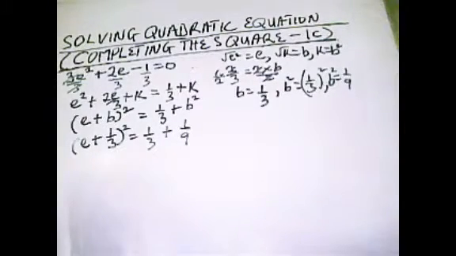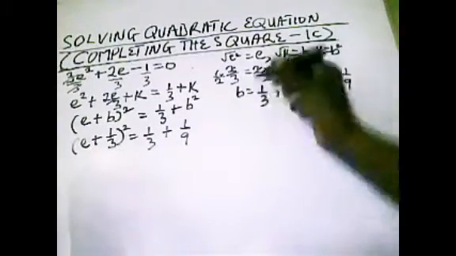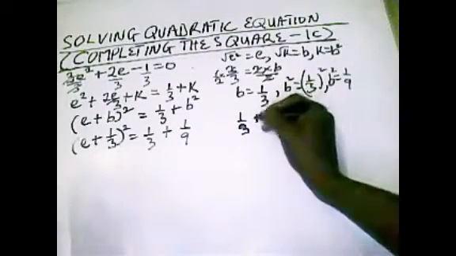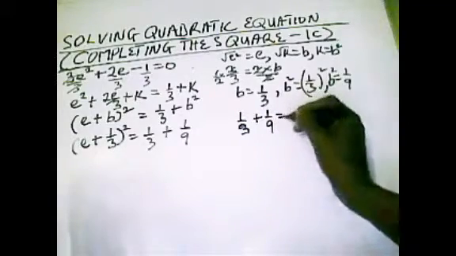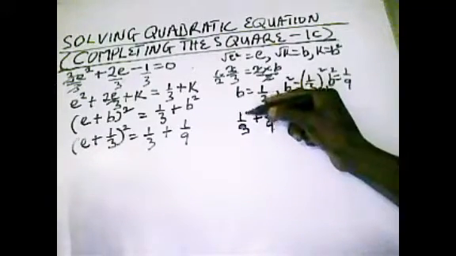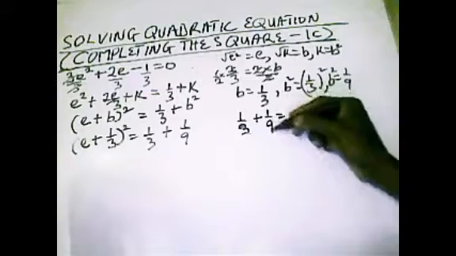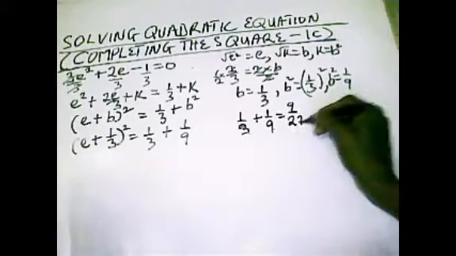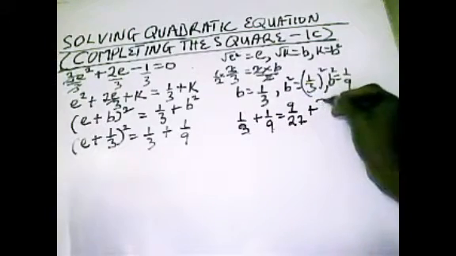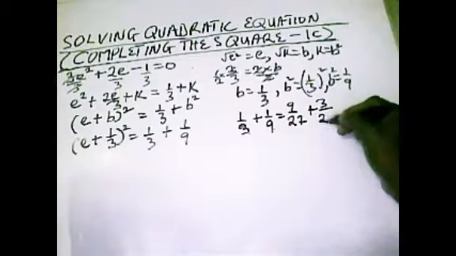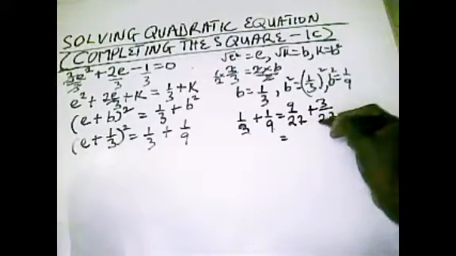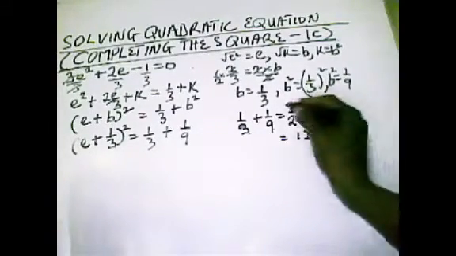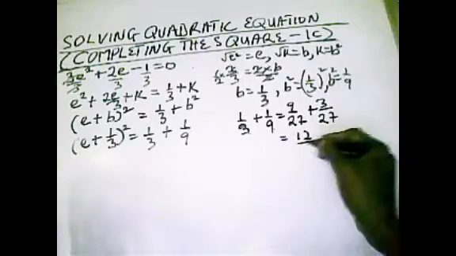Let's quickly resolve what we have here like we did in the second example. Our 1 upon 3 plus 1 upon 9: use 9 to multiply the top and bottom part of the first fraction. 9 times 1 is 9, and 9 times 3 is 27, plus 3 times 1 is 3, and 3 times 9 is 27. Since the denominators are the same, just add up the numerators. We have 12 upon 27.